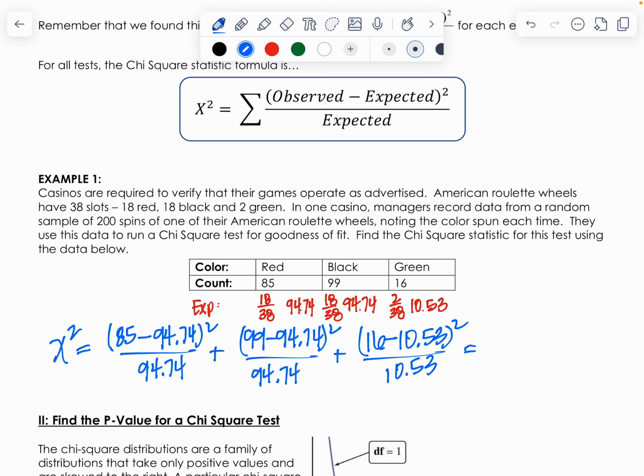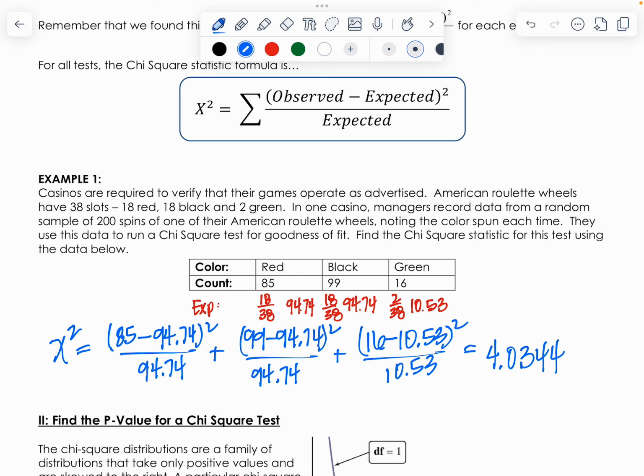Now we have 99 minus 94.74 squared over 94.74. All right. Plus 16 minus 10.53 squared over 10.53. Okay. And so I end up getting a test statistic of 4.0344.